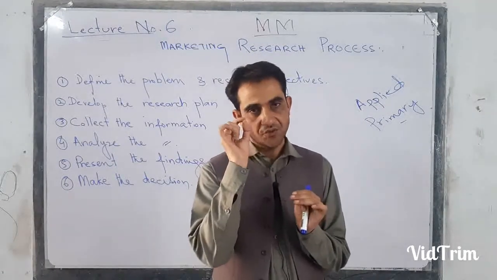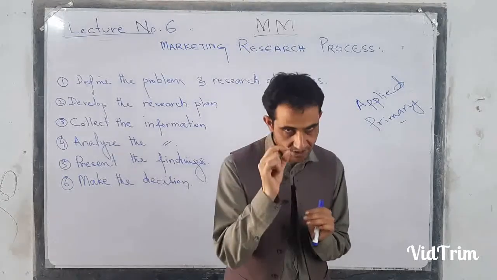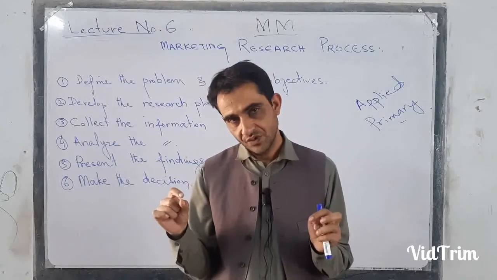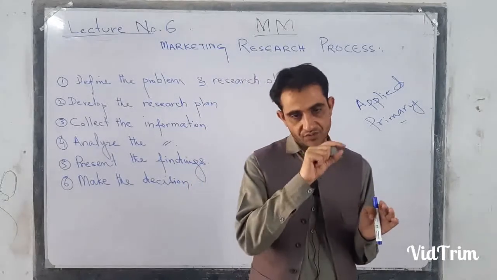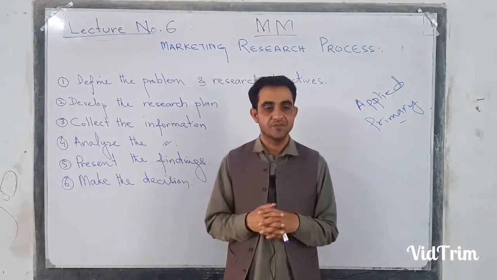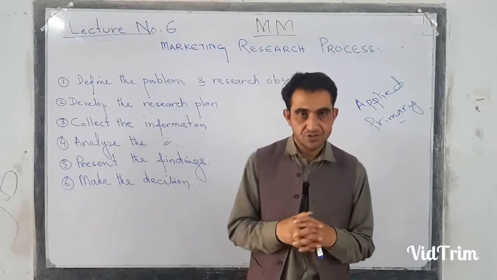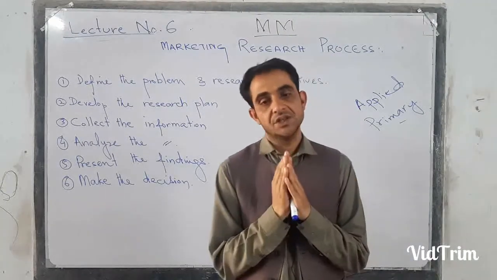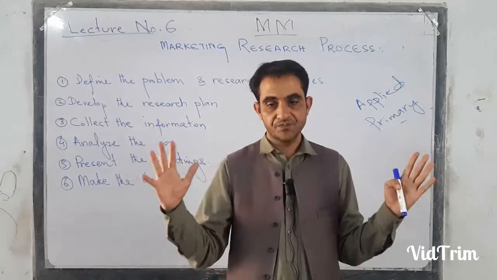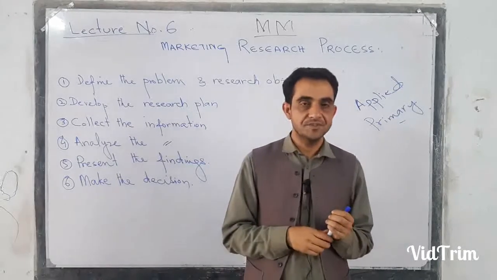Take a very specific problem and you must know the objectives of your research. We should find out a solution to this problem. We should find this objective, this objective, this objective. So again I am telling you that the problem should not be confused. It should not be very vast, very diverse. It should be specific.